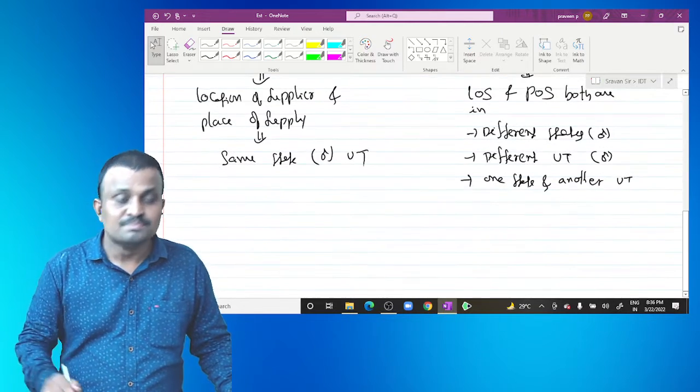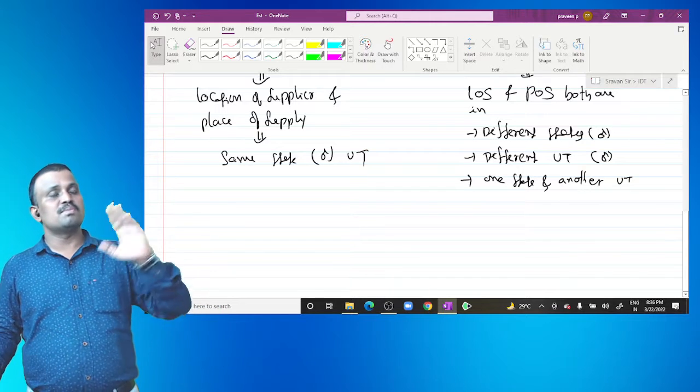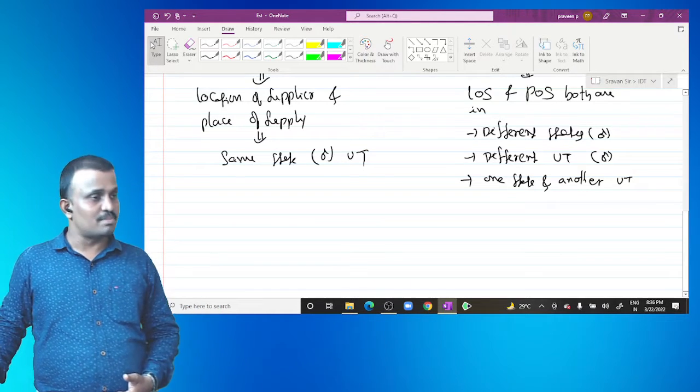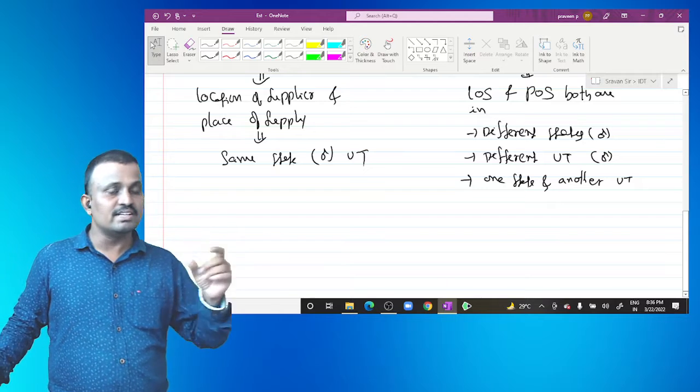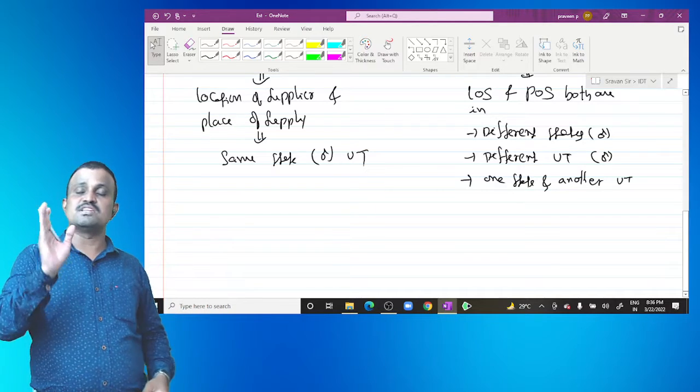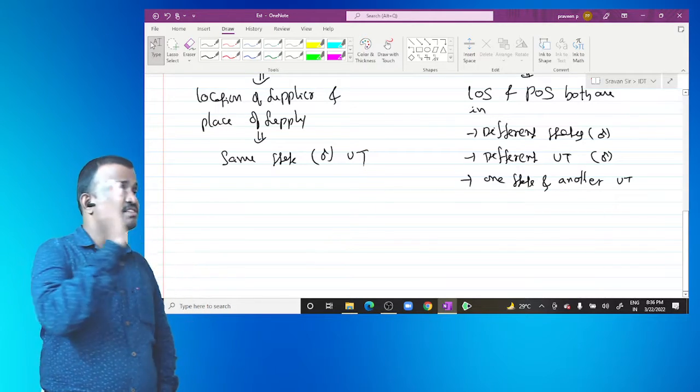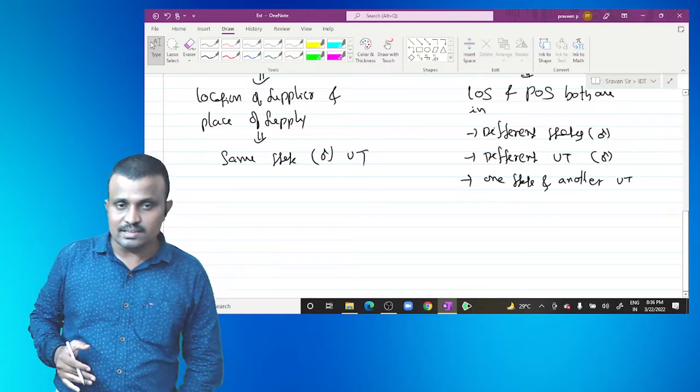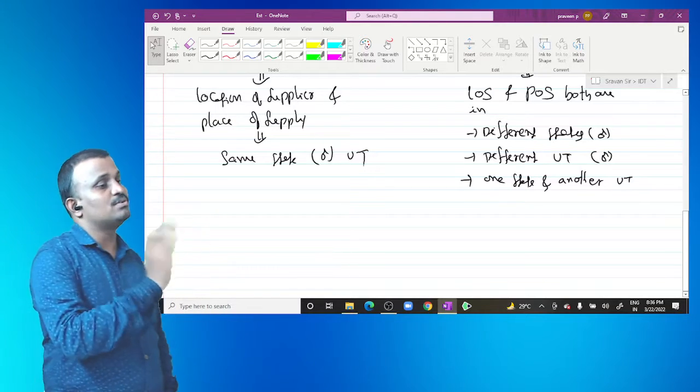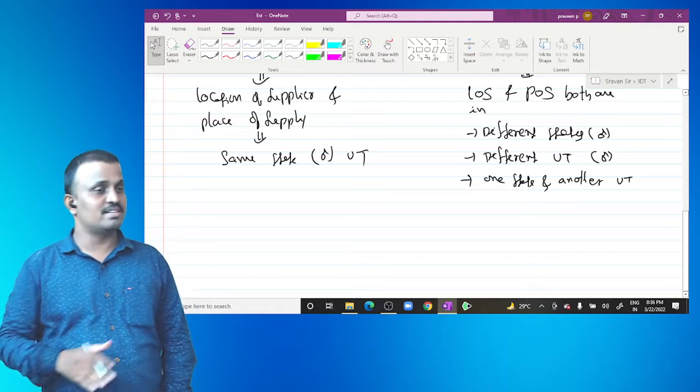For example, Mr. A located in AP supplies services to Mr. B located in Tamil Nadu. That is covered under interstate supply. If Mr. A located in AP provides supply to Mr. B located in Delhi, that is one state and another union territory, which is interstate supply.